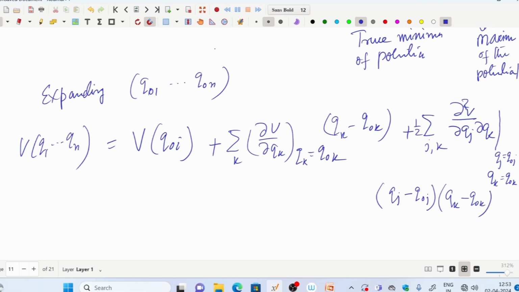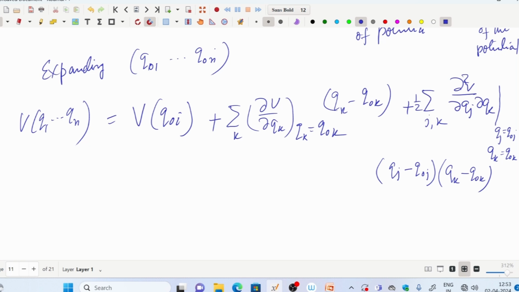But as I argued for the one dimensional case, without any loss of generality, you can choose your coordinate system in such a way that the equilibrium point is the zero point.